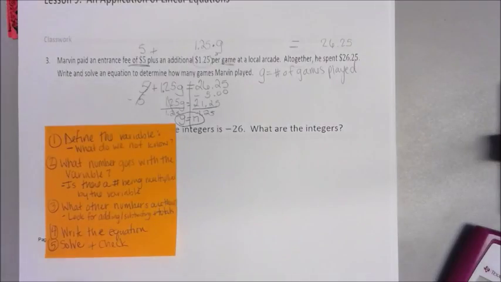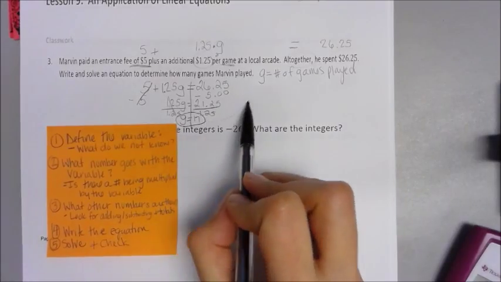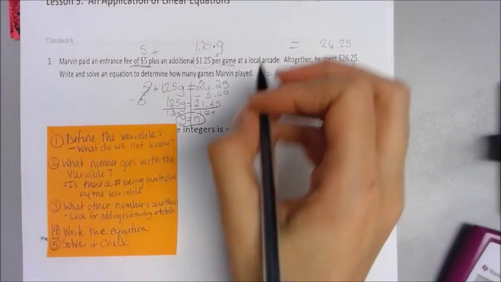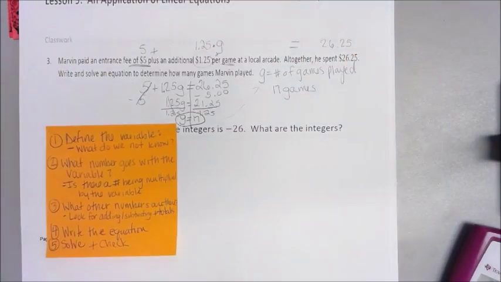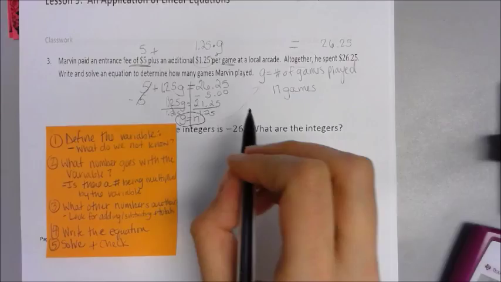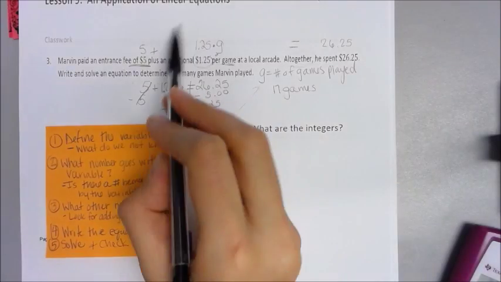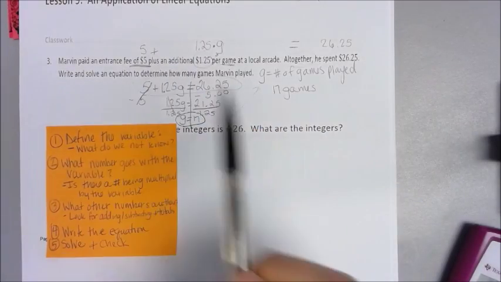Now this is a word problem, so we need to kind of specify what it means. We said right here, G is the number of games played, so he played 17 games. And I said last, I'm going to check my work, so I'm going to plug this 17 back into our original equation.